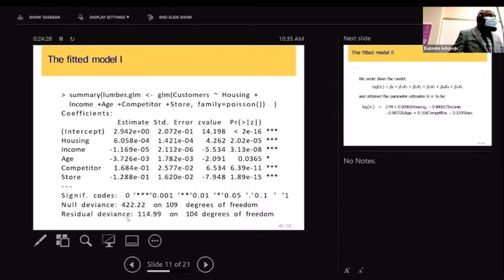Even in Poisson regression, we call these estimates the log odds estimates. Don't forget, when we're dealing with the logistic regression model, we normally refer to those estimates as the log odds estimates.